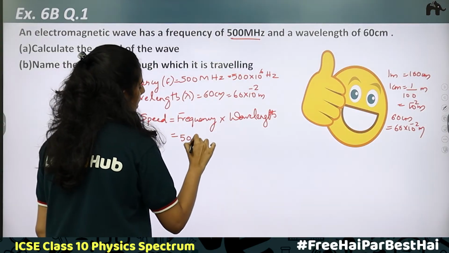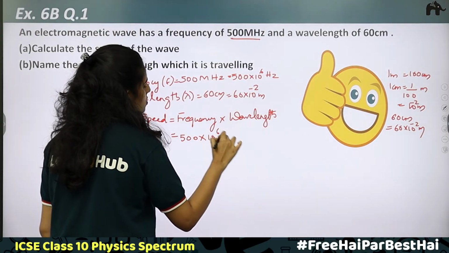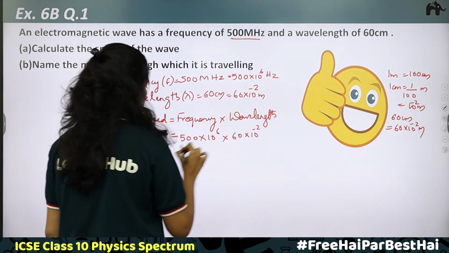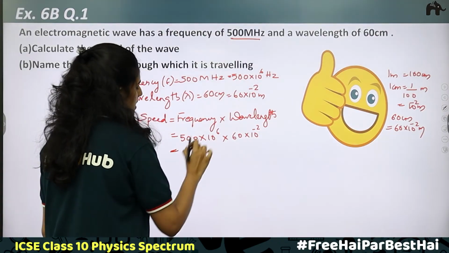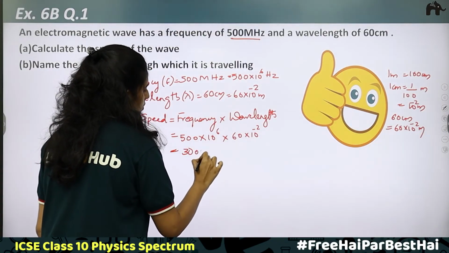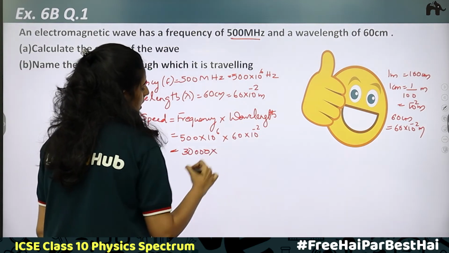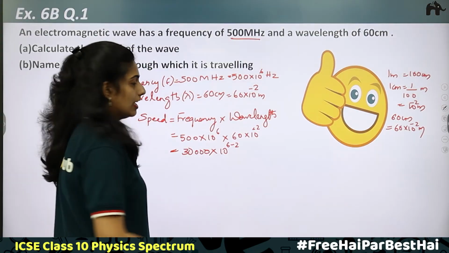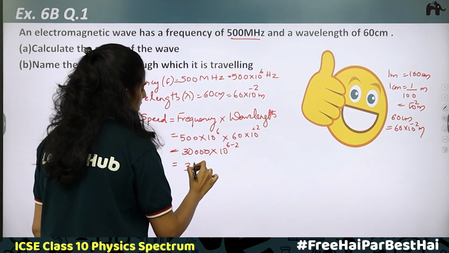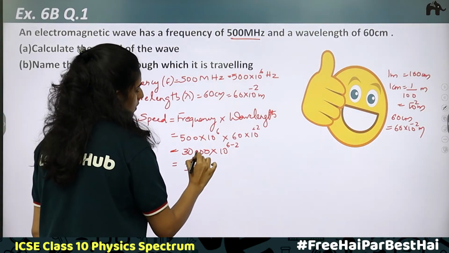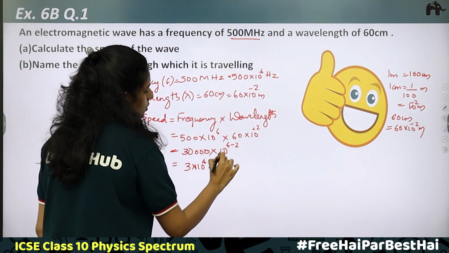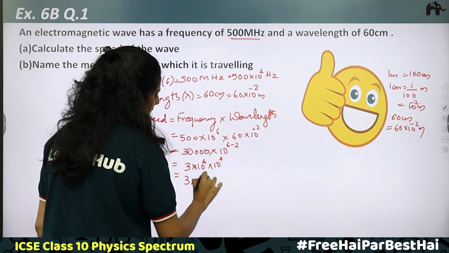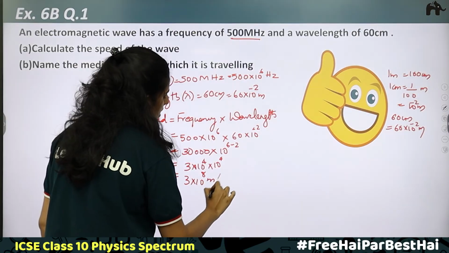Frequency 500 into 10 raised to 6, then wavelength 60 into 10 raised to minus 2, which is equal to 5 into 6 is 30, 2 zeros from here and 1 zero from here, into 10 raised to 6 minus 2, which is equal to 3 into 10 raised to 4 zeros, into 10 raised to 4, which is equal to 3 into 10 raised to 8, and the unit of speed is meter per second.